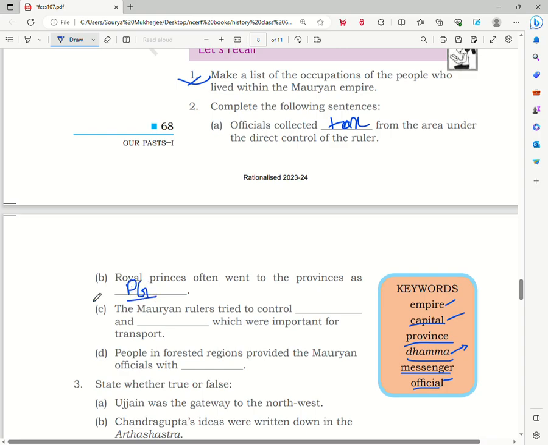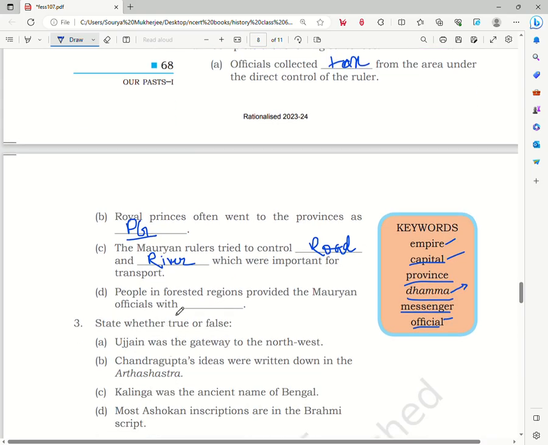The Mauryan rulers tried to control dash and dash, which were important for transport. So they controlled the roads and the rivers. They controlled these two for transportation.